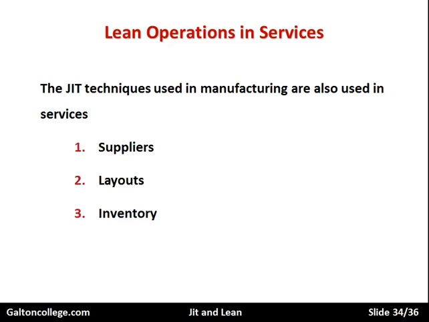And with services, it may be difficult to hold inventories because services tend to be consumed on the spot. But some, for example, the case of the restaurant I mentioned earlier, they may hold some food stocks in storage. They may have some reserves, and these need to be carefully monitored and managed.